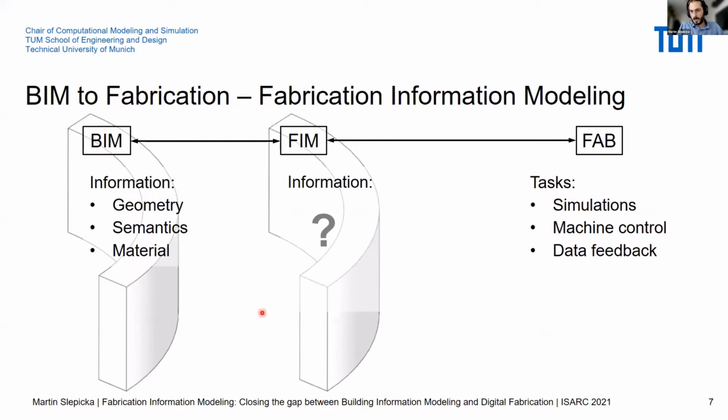Is the geometry refined enough for fabrication? And what kind of information in the BIM model is actually necessary? And do we need to define the material properties more accurately for the fabrication? And is some information missing?